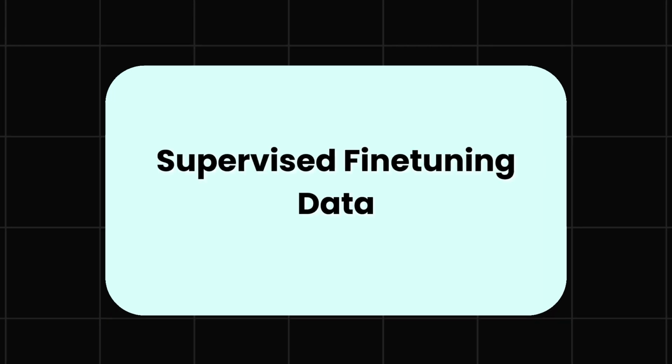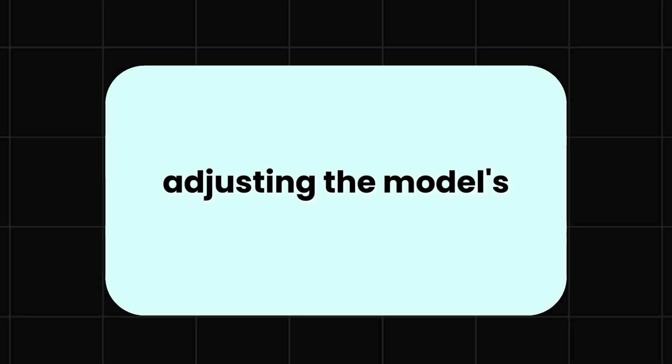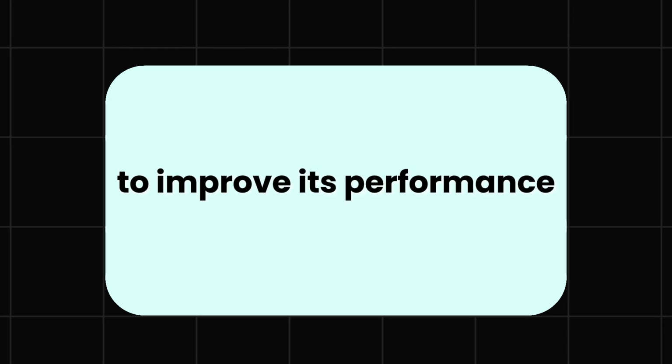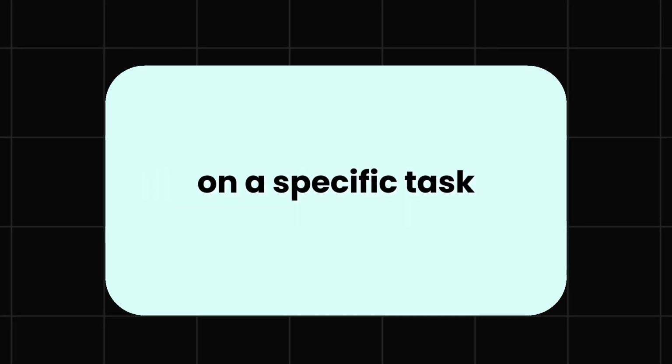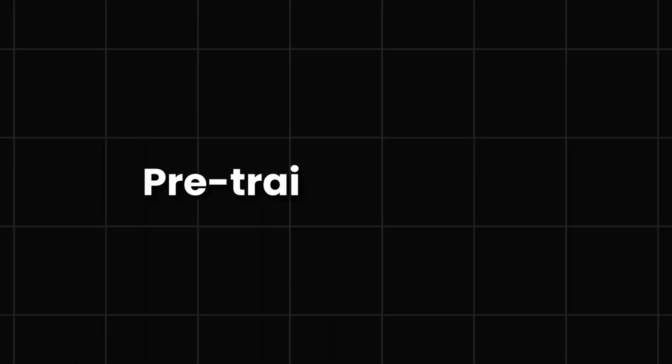And what is supervised fine-tuning data? So this is labeled datasets that are used to fine-tune pre-trained models in a supervised learning setting. This process involves adjusting the model's parameters to improve its performance on a specific task by training it on a smaller task-specific dataset. We have the pre-trained models.